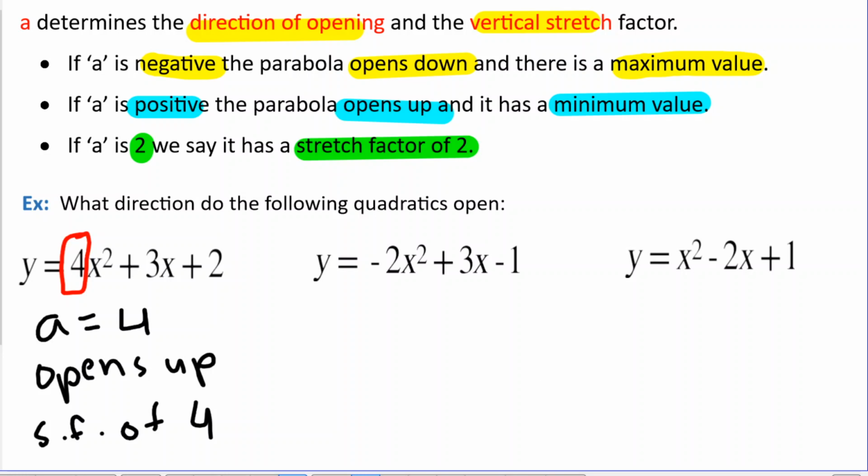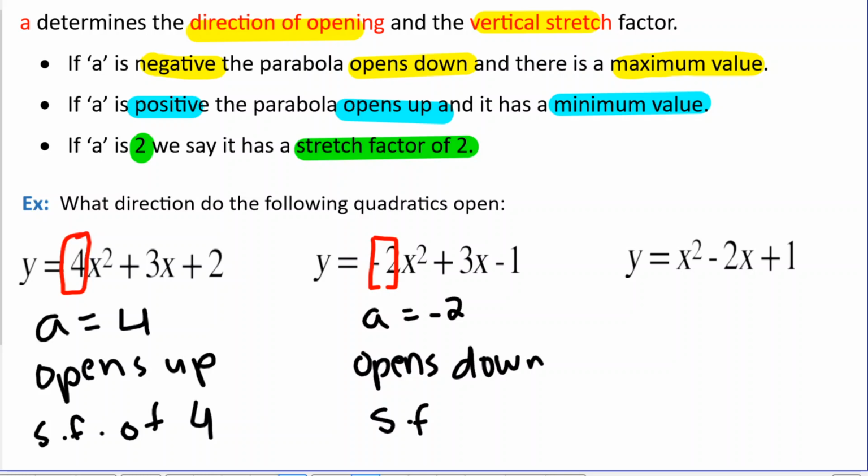Looking at our second function, notice now that our A value is -2. That's going to tell us that it actually opens down because we have that negative value.